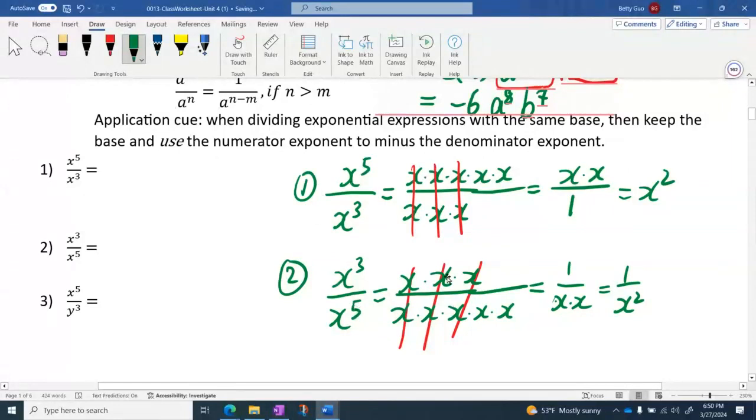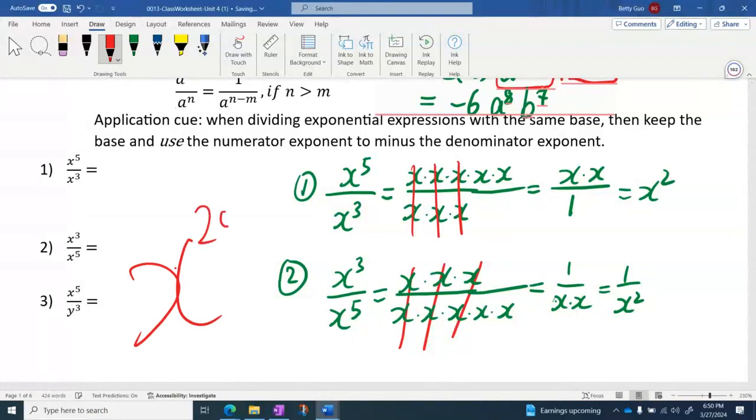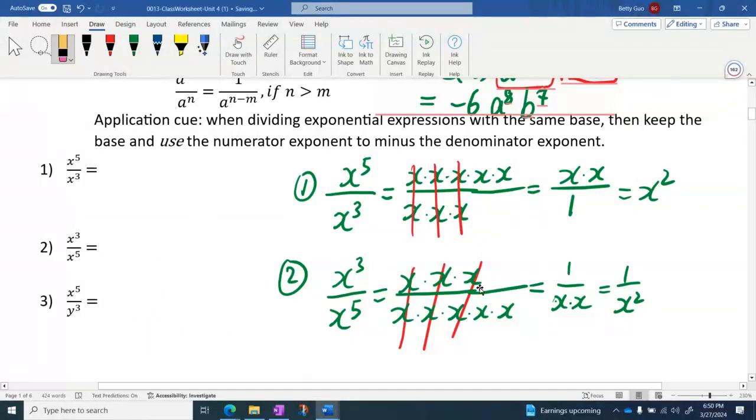What I want to try to give you through the two questions is, like earlier, what if we have x to the power 200? This method is going to be very slow, right? We have to write 200 x's multiplied together. So here I want to show you the pattern. Question number 1 and question number 2 both have the same structure.